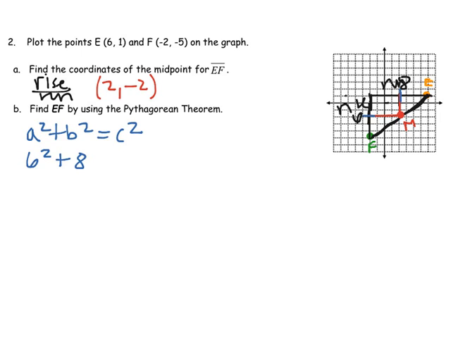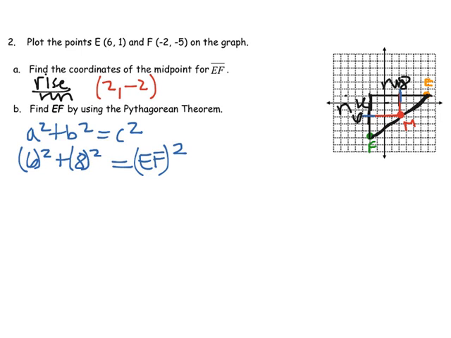It doesn't matter which one gets plugged in for which. I could have switched the 6 and the 8. We do not know what our c squared is, and that's our actual EF. So instead of saying c, I'm going to say this is our segment EF, and that's going to be squared. You can write this in parentheses if you'd like as well.